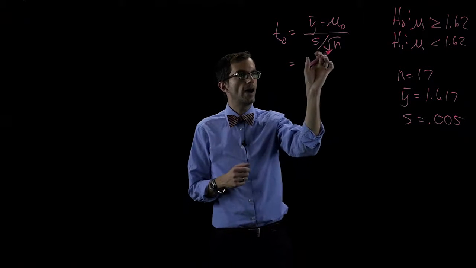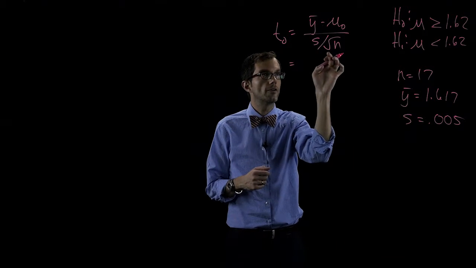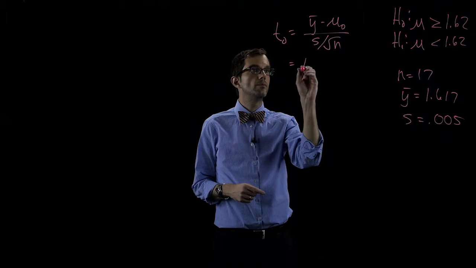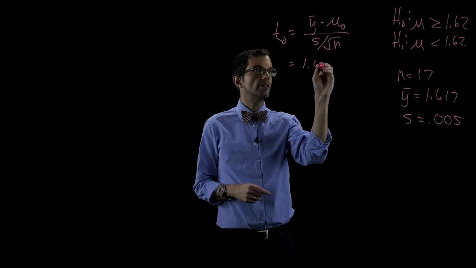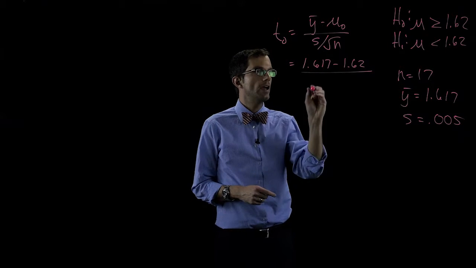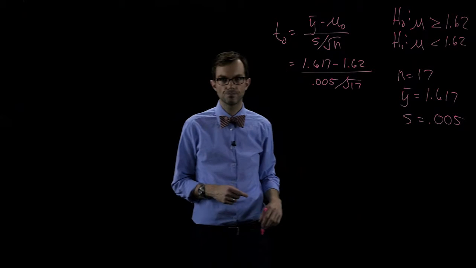We are dividing by the variability to see how different these two are, accounting for variability. So we can input this in: 1.617 minus 1.62 divided by s over root n.